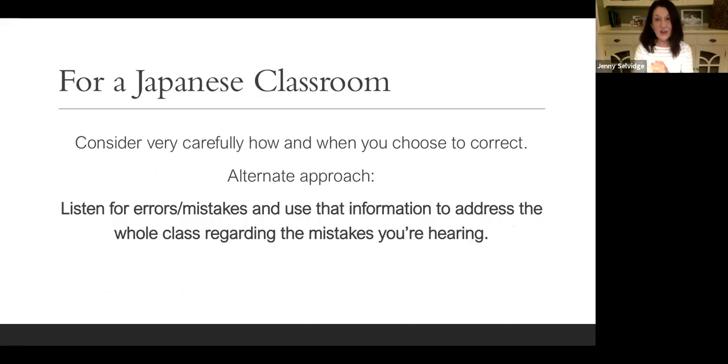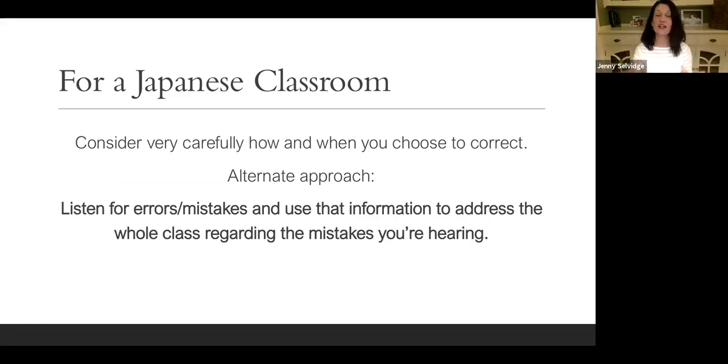All right, so for a Japanese context, I would really urge you to be very careful about how and when you choose to correct. So an alternative approach would be to listen for those errors and mistakes and make a mental note to yourself of what's happening.